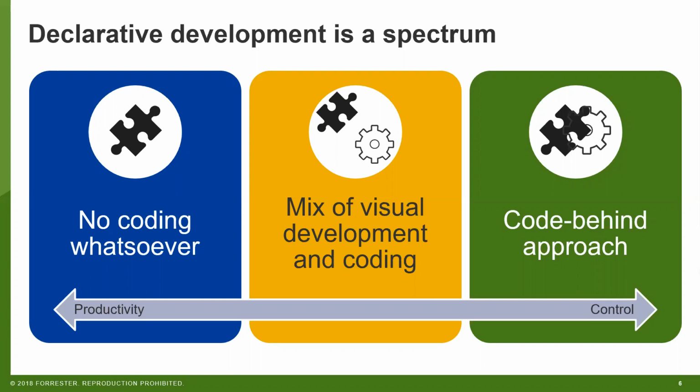And then you've got what I call the code behind approach, where you can work in a declarative environment, but you can also then work on the code behind those declarative views of the application. So you can sort of switch back and forth, if you like, between a visual representation of the software you're building and the representation in code.